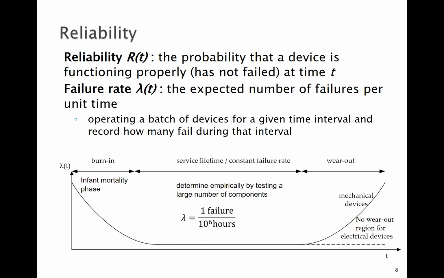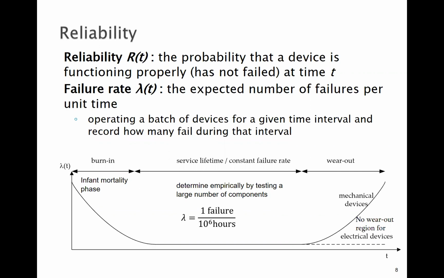It's denoted by lambda of t, the expected number of failures per unit time. We usually operate a batch of devices for a given time interval and then count how many of these devices fail during this time interval. So it's somehow a time-consuming process.